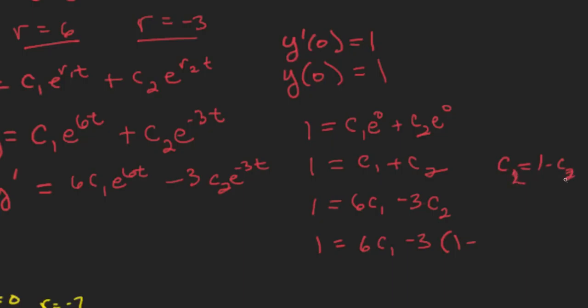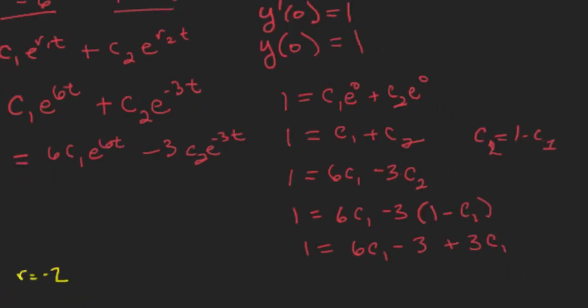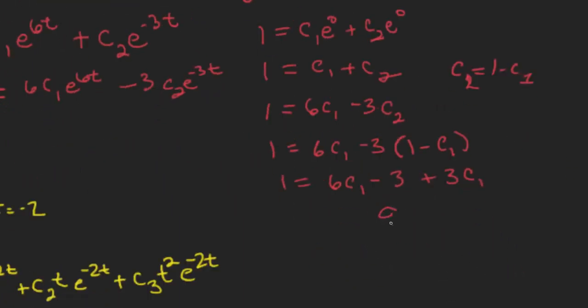It's a lot easier than erasing all the rest of that. So 1 minus c1 there. It doesn't matter which one you solve for first, as long as you solve for one. So 6c1 minus 3 plus 3c1. So once you get c1, you can solve for c2.